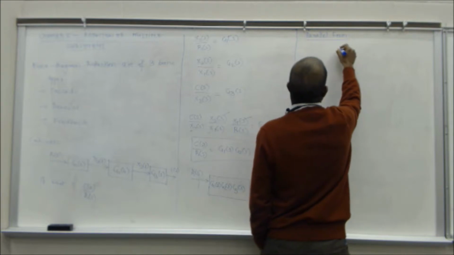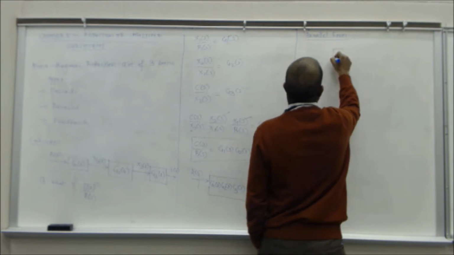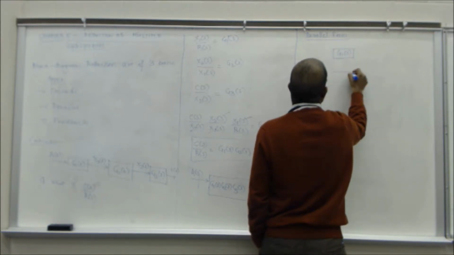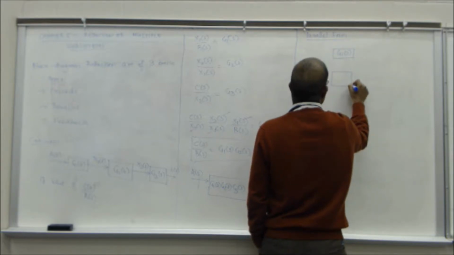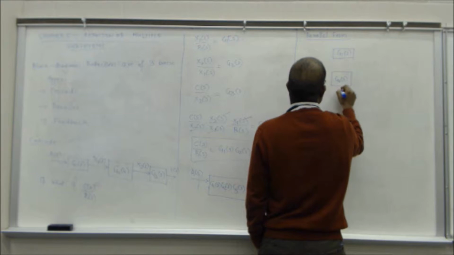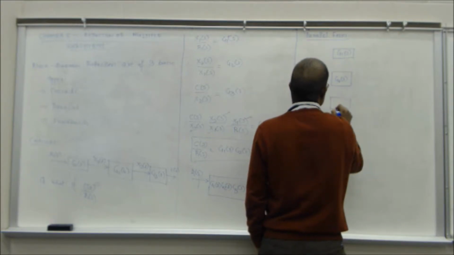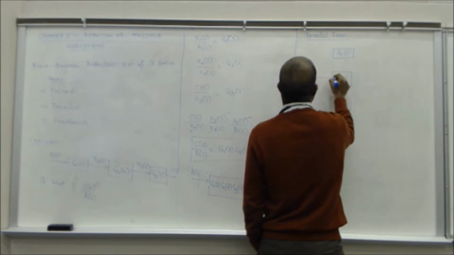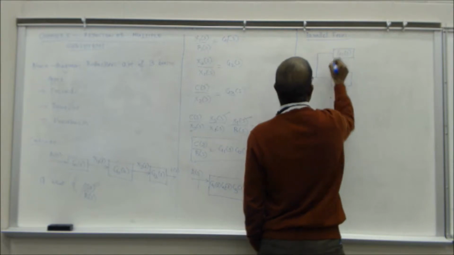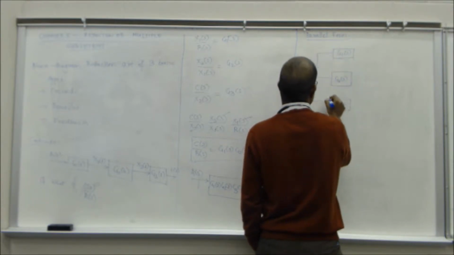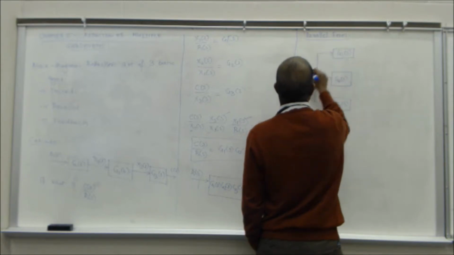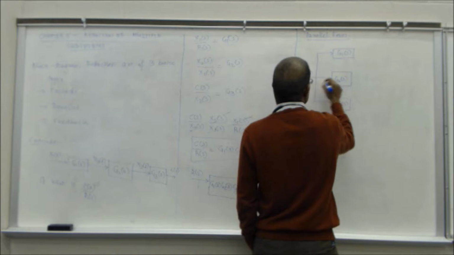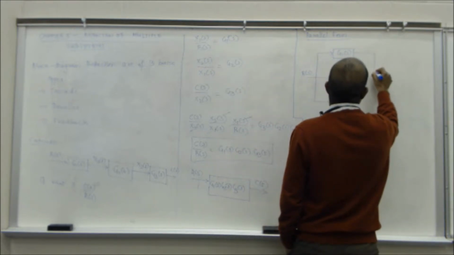You have G1 of S, G2 of S, and these go into a summation block.